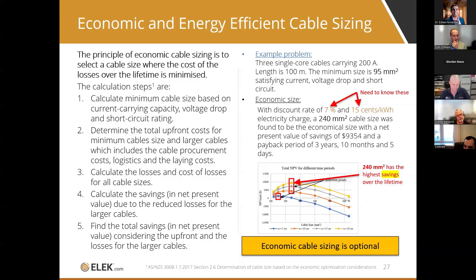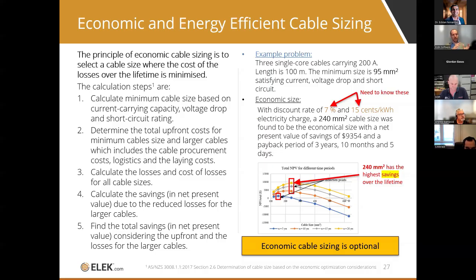When we size cables economically or energy efficiently, we're looking at the lifetime losses. Over the lifetime of a cable, a larger cable size will have lower electrical losses. It will get less hot, so it will waste less energy.